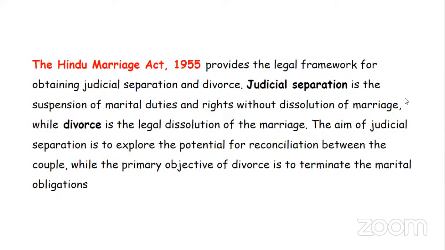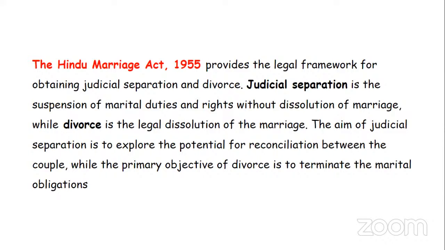Marriage is not dissolved legally, but it is the suspension of marital duties and rights. During this period of judicial separation, the couples may be living in different households, but legally they are still married. The dissolution of marriage hasn't happened yet, but divorce is the legal dissolution of the marriage.